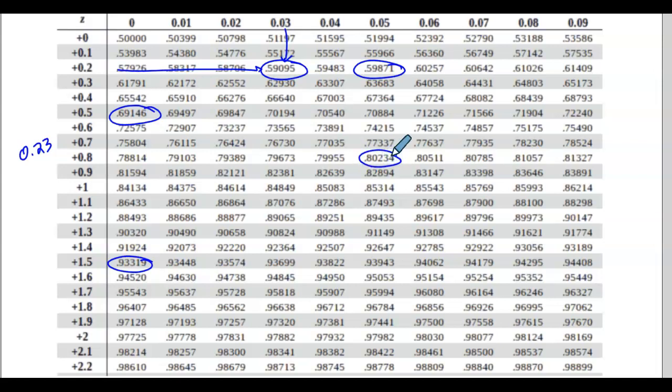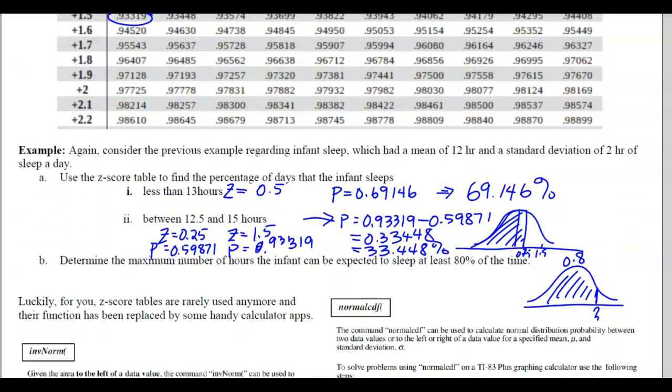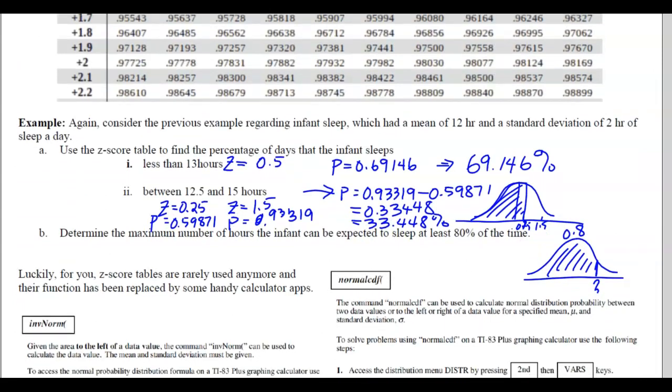So that's the closest, so 0.85 as a z-score. Remember, we're looking for a data value.